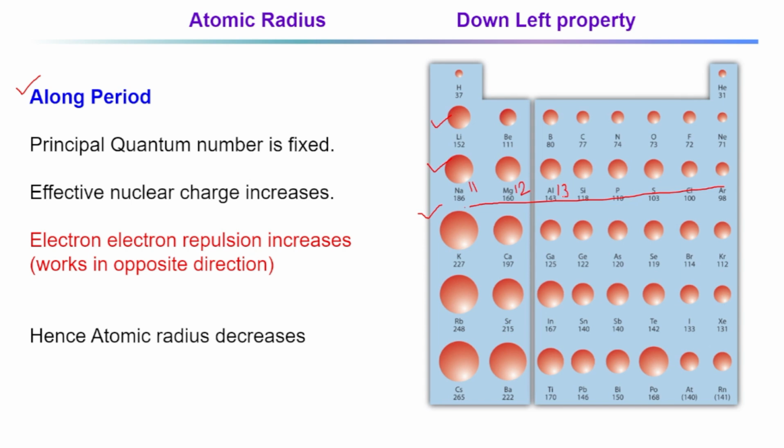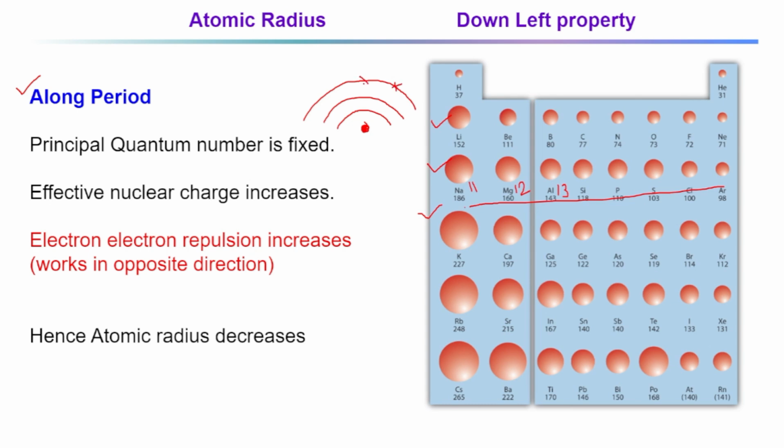So what I said, that the nucleus is an attractive girl, right? If it has more and more protons, it is more and more attractive, so it will attract the electrons more. I will try to show it here again. If this is your nucleus and you have more and more protons, it will attract the outermost electrons more. It will attract all the electrons, even the inner electrons, but the outermost electrons will also shrink.